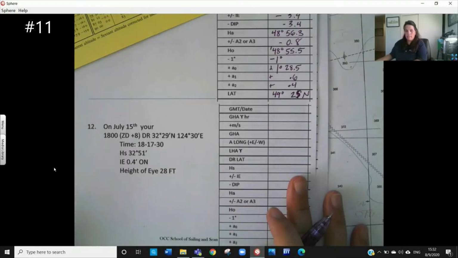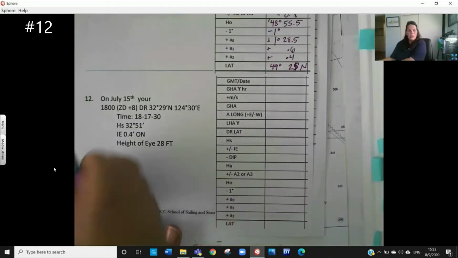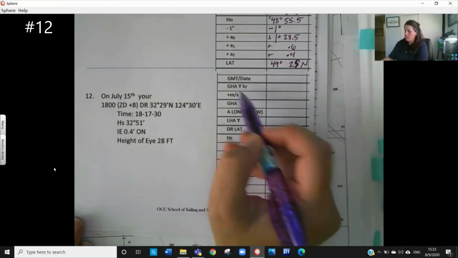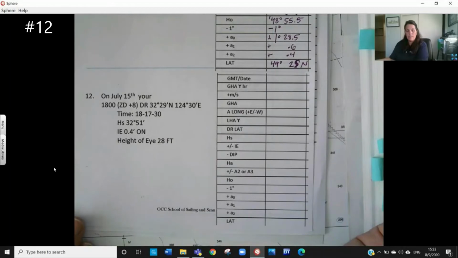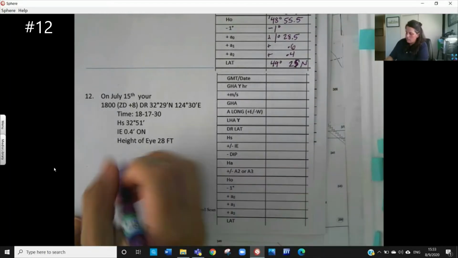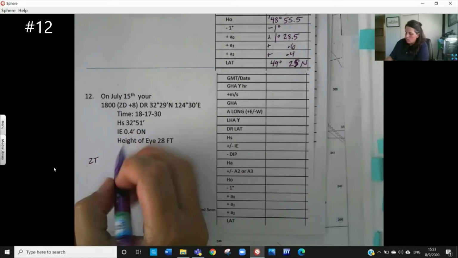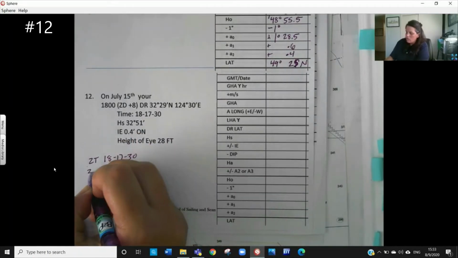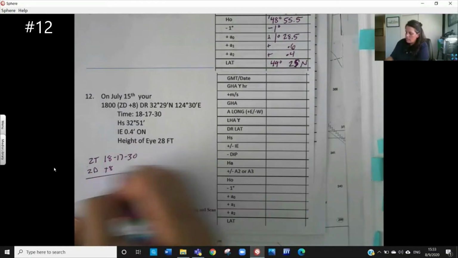To number 12. Okay, so for number 17, we need to go in with our GHA of Aries. We need GMT to get there. So our zone time was 18, 17, 30. Zone description was +8.